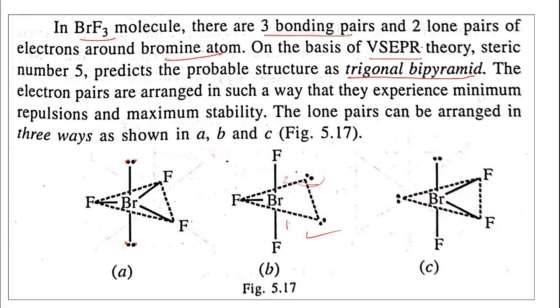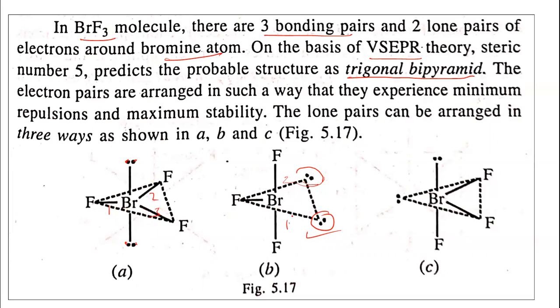Here also the same thing. While if you see this other structure, under the influence of the lone pair electrons, all 3 BrF bonds are affected. So it means distortion is greater here, and distortion will be less here.